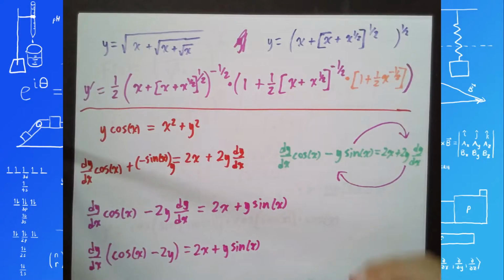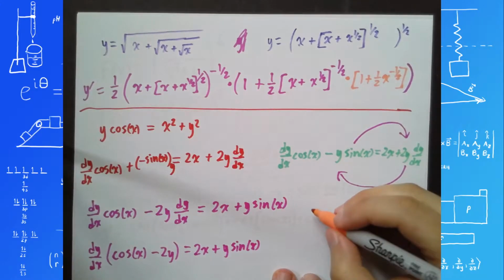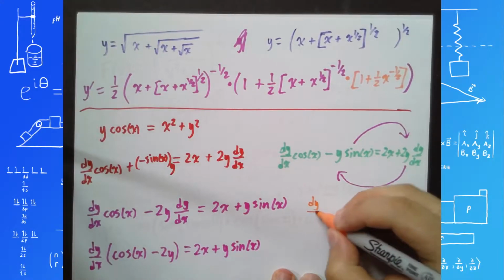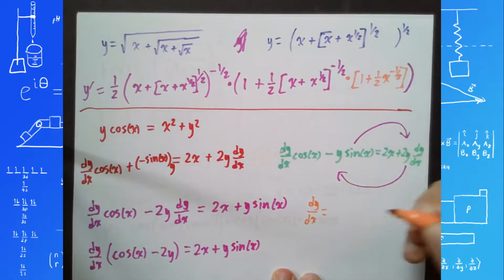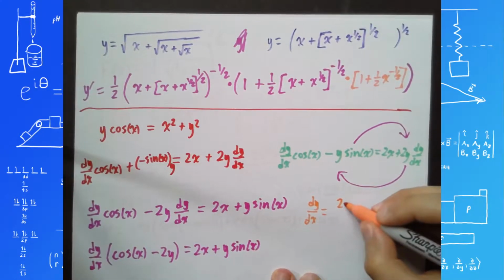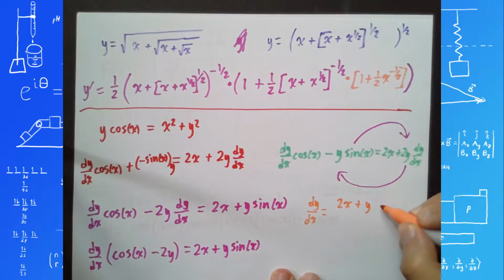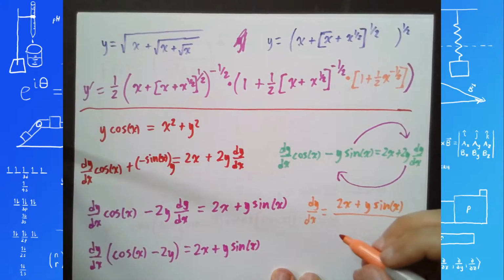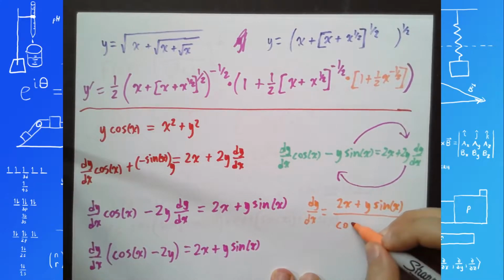And now all we have to do to get dy dx is divide. So dy dx equals, let's see here, we've got 2x plus y sine of x over cosine of x minus 2y.